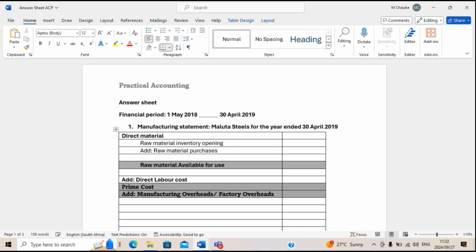You add raw material purchases, and then you also add transport cost for raw material.